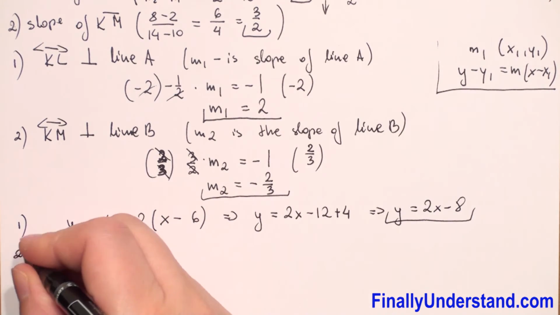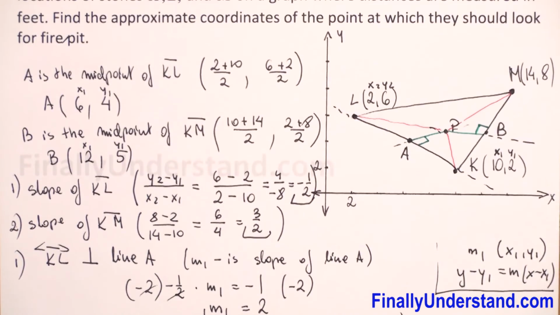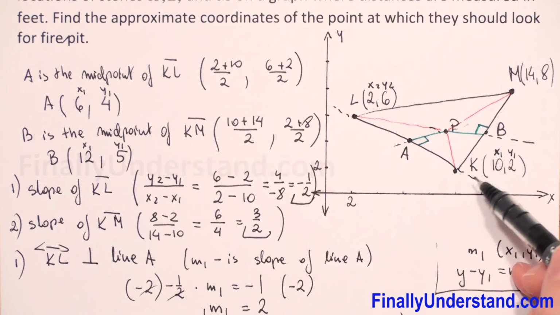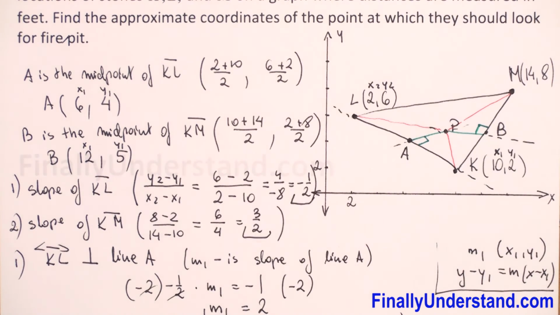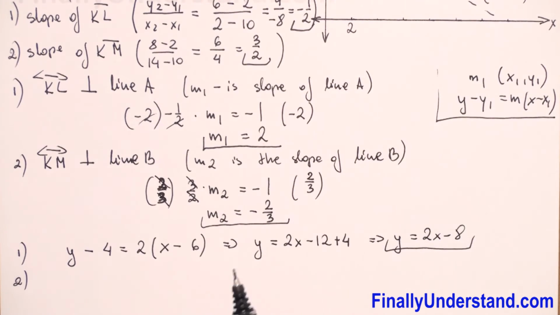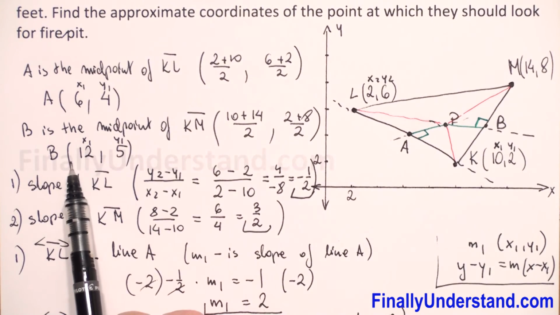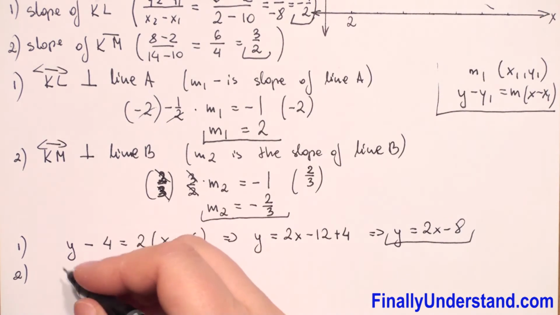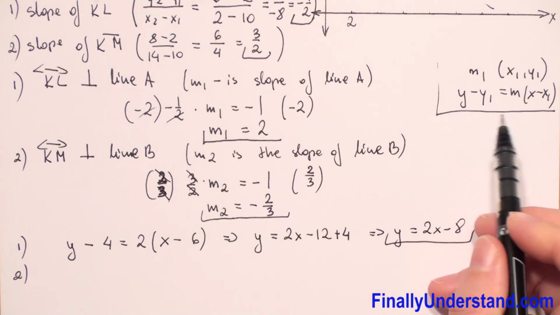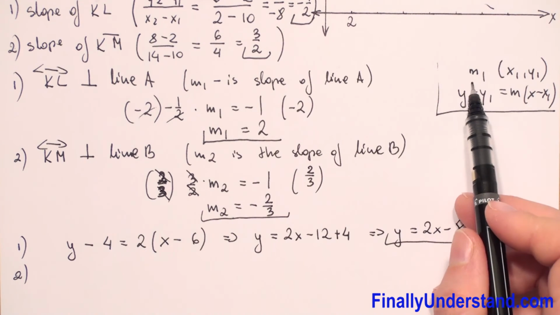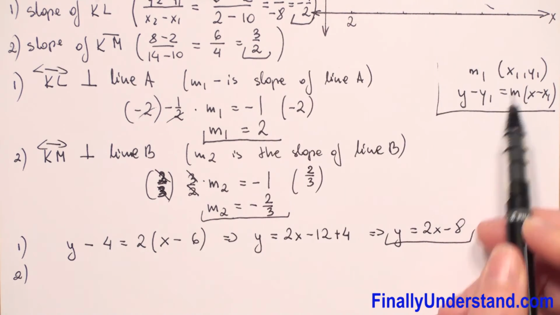And now we will find the line which passes through point B and is perpendicular to KM. So we have slope M2 and point B has coordinates 12 and 5. And of course we will use this formula. We have a given slope and we have a given point.